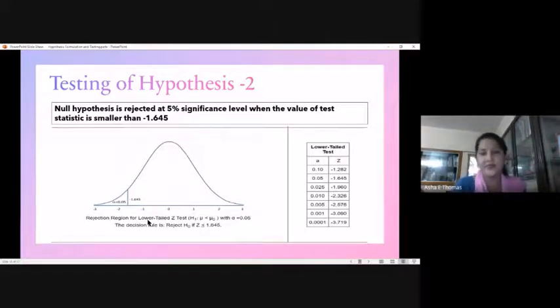Whichever distribution we are using, we'll take the value from that and compare. In this case, we are discussing the large sample size test, that is the Z test, and we are looking into what the result will be. If I feel the value will align towards the lesser part, the negative side, then I say the possibility is like this.